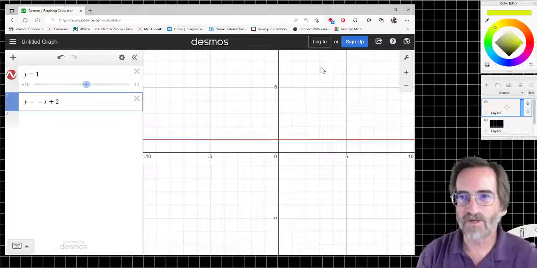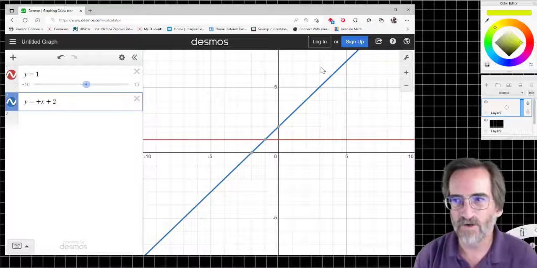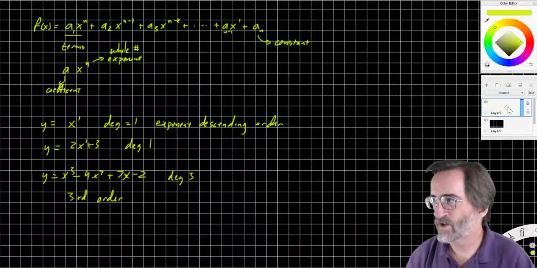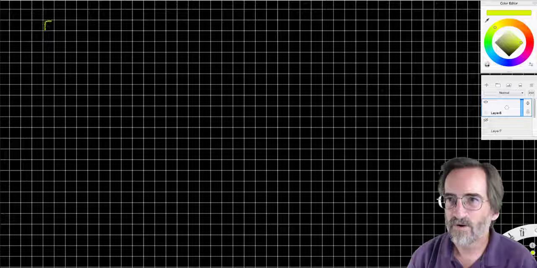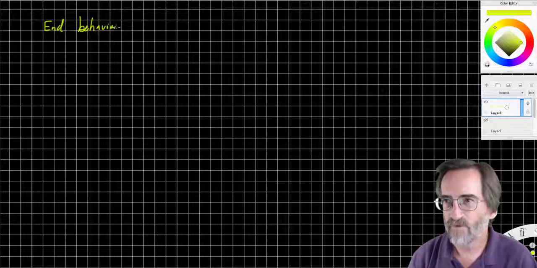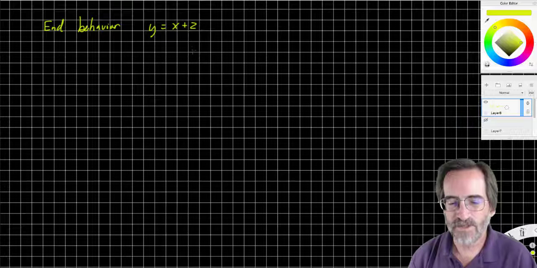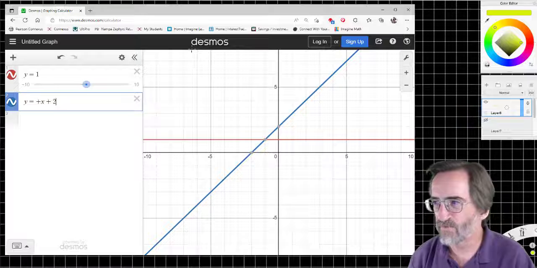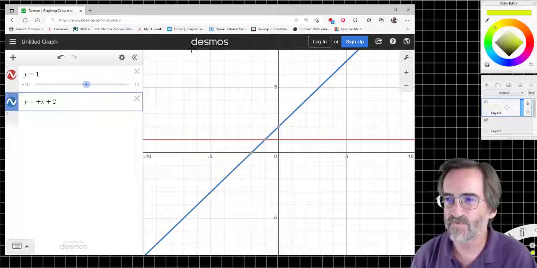Now, much is made of something called end behavior of polynomial functions. Okay, the end behavior of y equals x plus 2: as we go to the right, it goes up, and as we go to the left, it goes down to infinity.